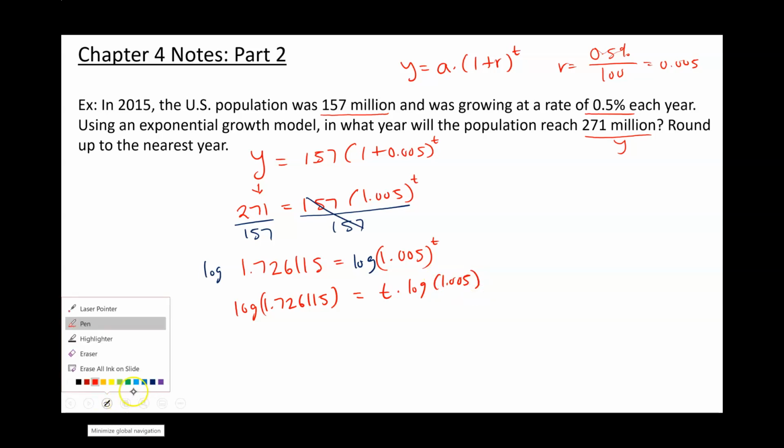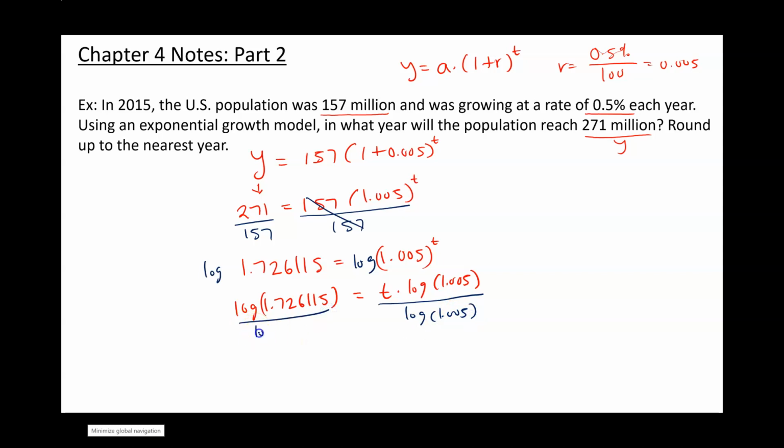Finally, we're going to divide both sides by log of 1.005 because you want to get that t by itself. If you put this in a calculator, you're going to get t equals 109.45.